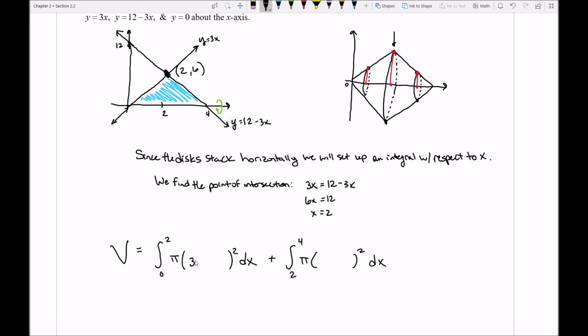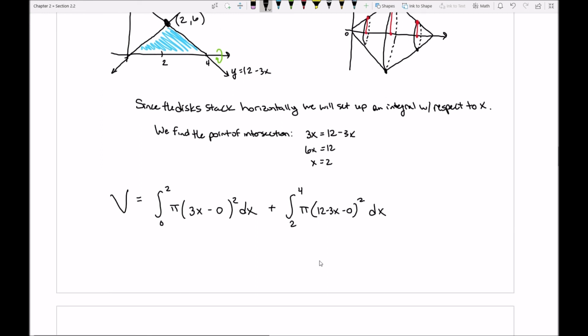We've already said repeatedly that the radius for those first circles over here on the left is just going to be 3x minus 0. You don't have to write the minus 0. I just like to keep in mind I'm doing a top minus bottom. And I'm doing the same thing over here, except now I'm going to have 12 minus 3x minus 0. So here we go. These two integrals represent the grand total volume for the solid.